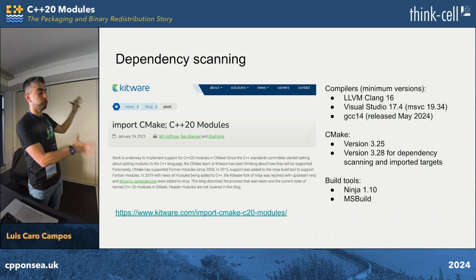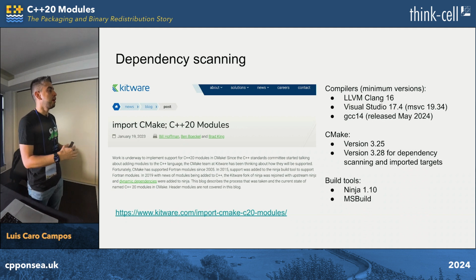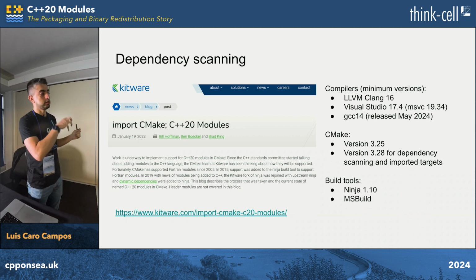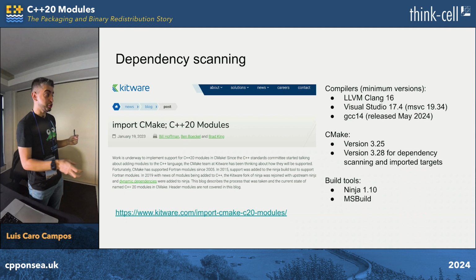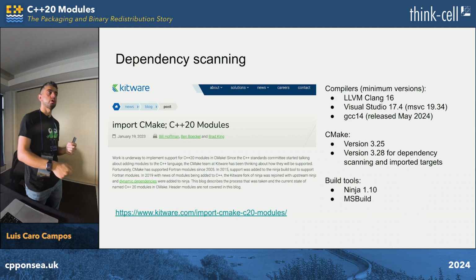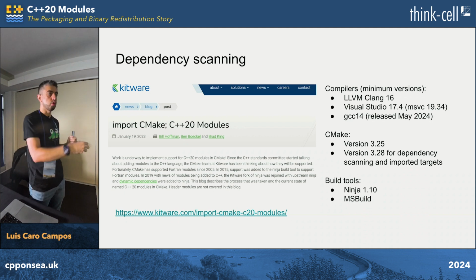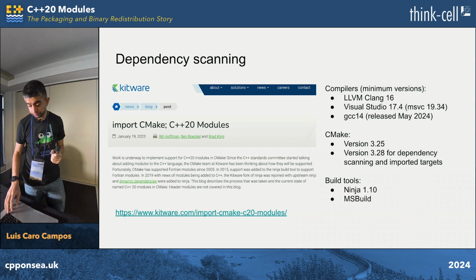This is the version of CMake that actually had fully functional module support, which supports dependency scanning, assuming I'm using those compiler versions, and the support for imported targets that have modules, export modules, that I'll get to in a minute. And we have an additional limitation: you have to be using Ninja 1.10 or newer, or MSBuild. This will not work with makefiles because they don't currently support the mechanism of reordering the build targets on the fly.